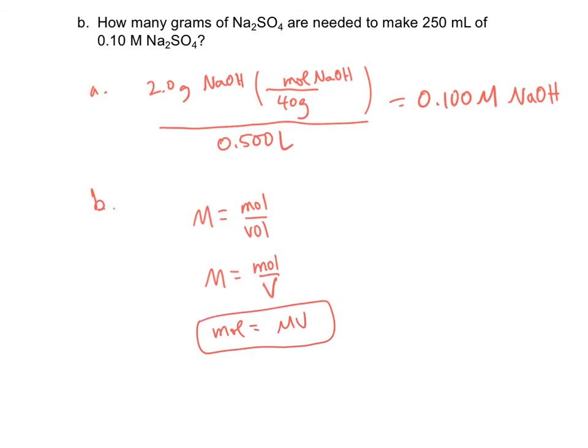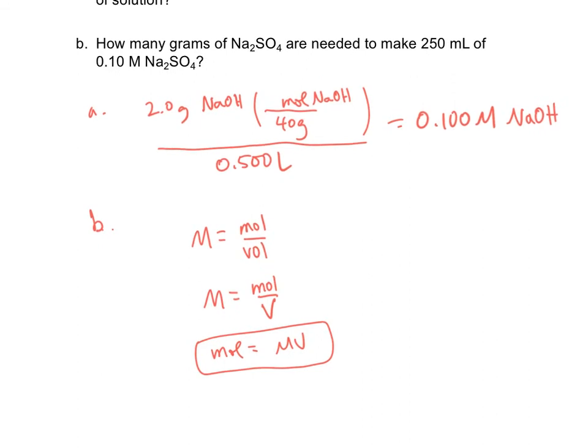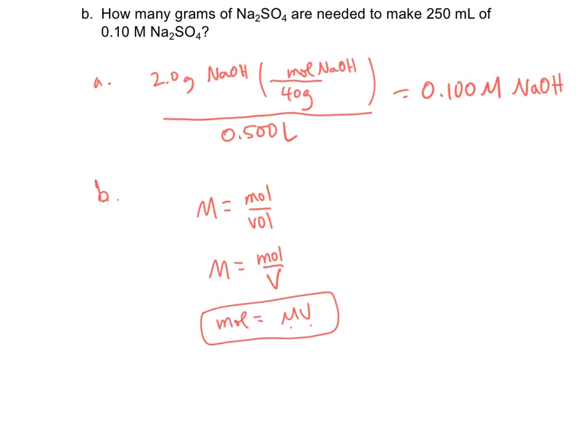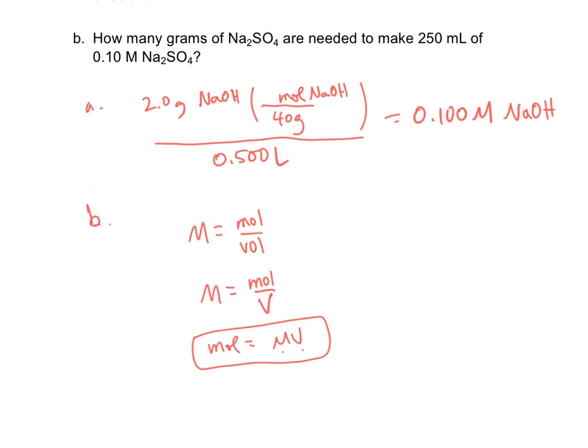The number of moles is molarity times volume. So you know you want a certain molarity, in this case 0.1, and you know you're going to need a certain volume of it. Multiply those together to get moles, and then use molar mass to get grams of sodium sulfate.